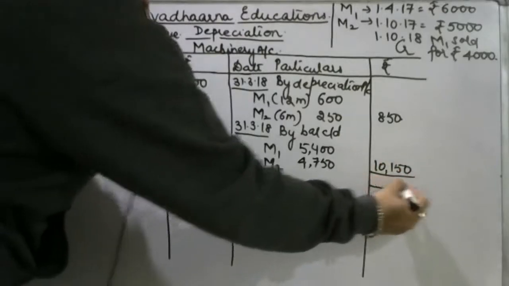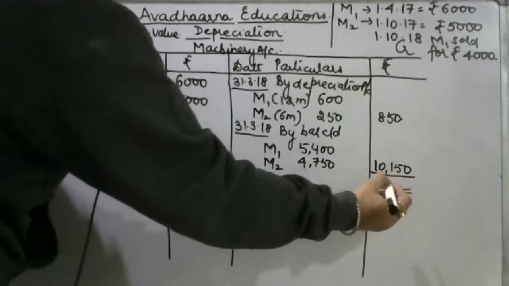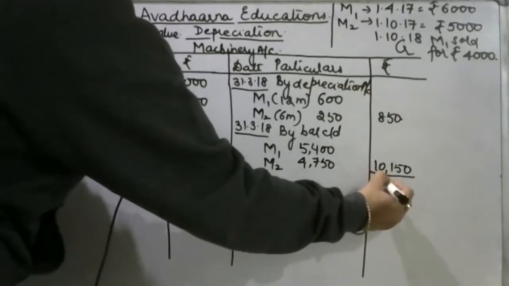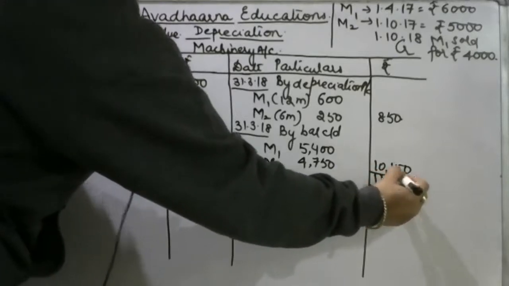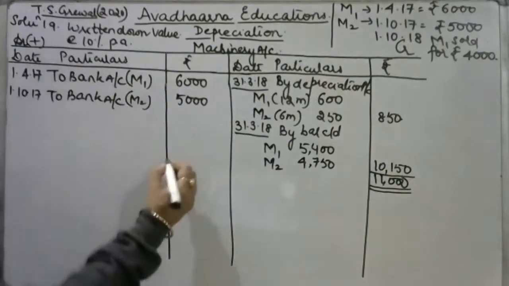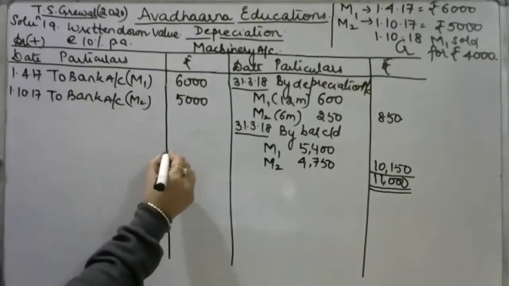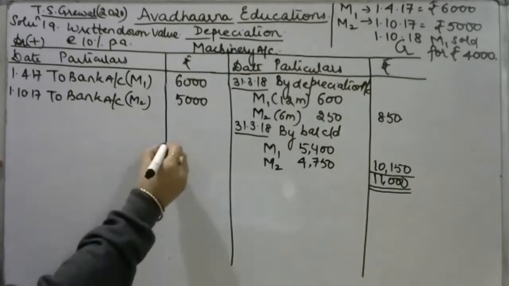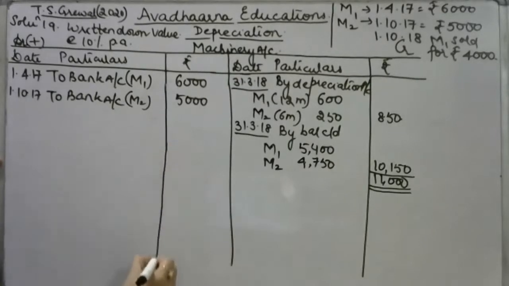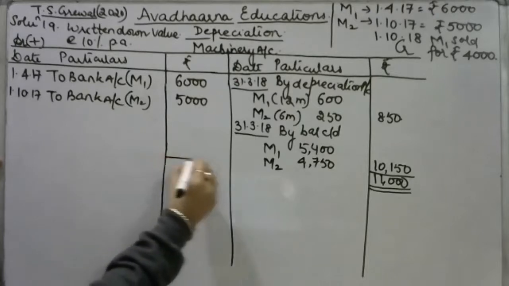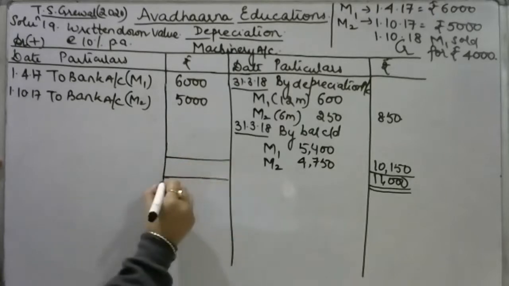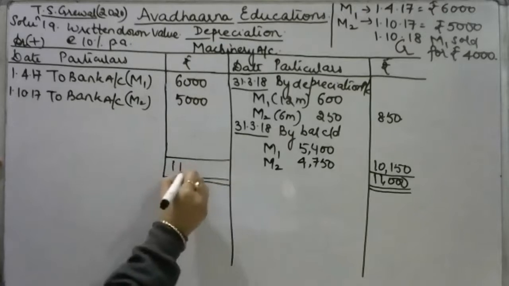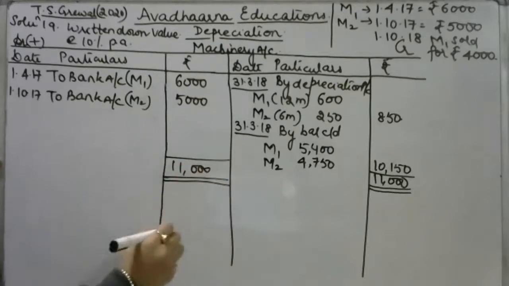So we'll close this machinery account for the first financial year, and the total is 11,000. So we'll close this machinery account over here also on the debit side and write the total, close the total with the double line, and it is 11,000. Fine.